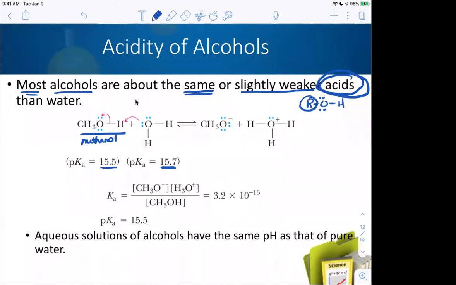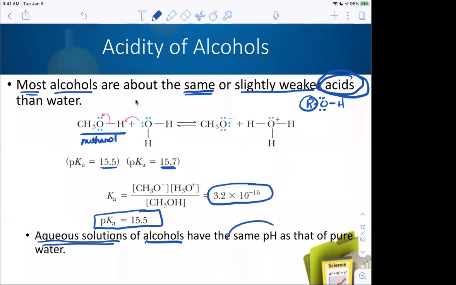If I looked at this dissociation constant and did the math, I would find that the Ka value for methanol is 3.2 times 10 to the minus 16, which gives relatively the same acidity as water. Because of that, if I have aqueous solutions of alcohols, I'm going to have basically the same pH as that of water.